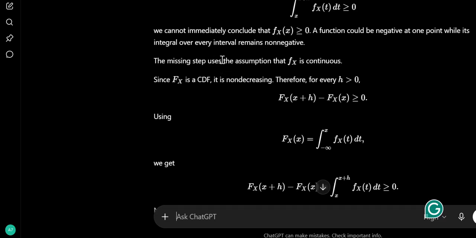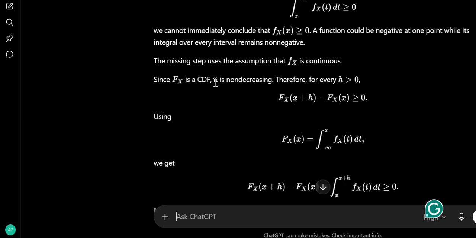The missing step uses the assumption that f_X is continuous. Why do we need to assume this f_X is continuous? X is continuous, I know that.